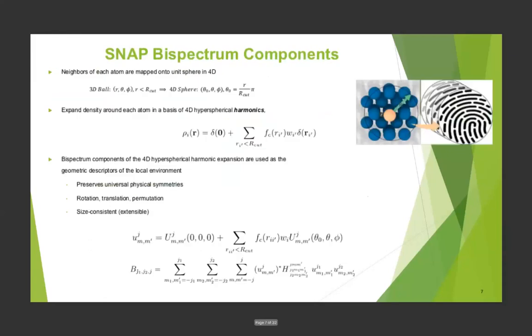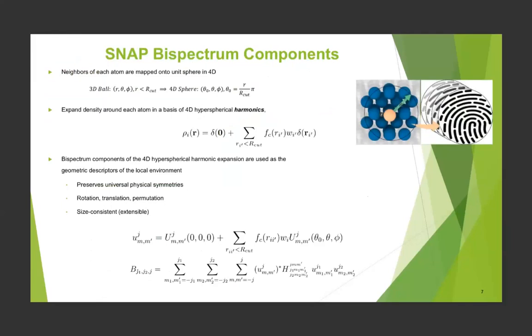So what are these bispectrum components? Well, first of all, we need to recognize on the figure on the right that we're essentially assuming that the energy of each atom, the pink one in the middle, for example, only depends on nearby atoms out to some cutoff distance represented by the dashed circle.